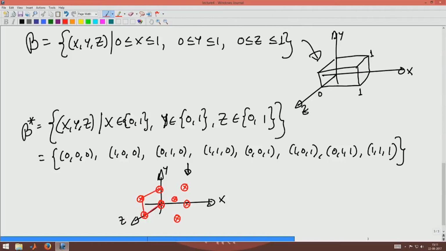It will be these points. Okay, it will be the corner points of the cube alone that is this body B star.